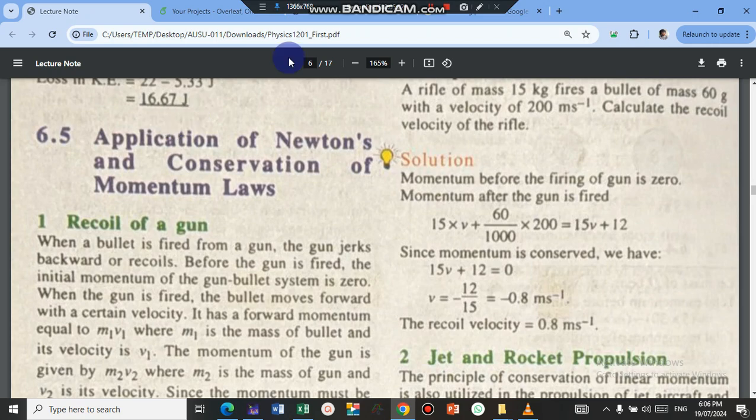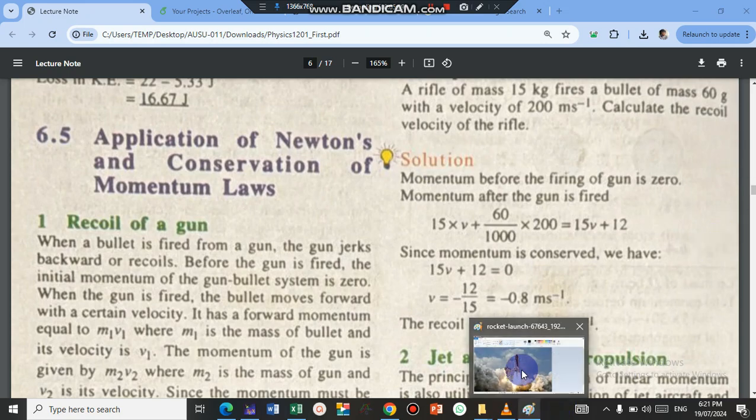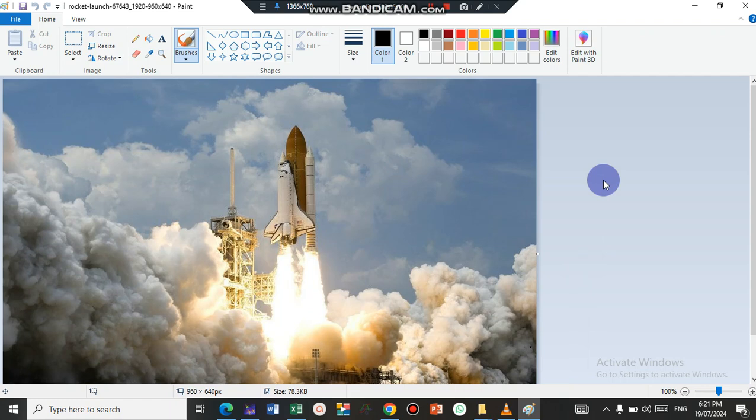what they are trying to say. I need a diagram. Okay, here is the image. So look at this one. This is a rocket launch. Now, before the launching, the rocket was at rest, but then it will begin to eject hot gases. Think of the hot gases as the bullet, just like the bullet in a rifle.